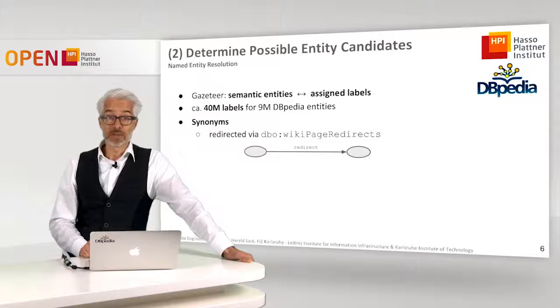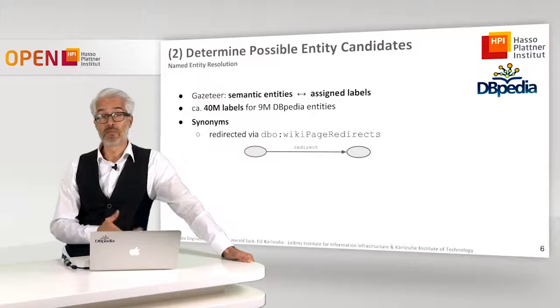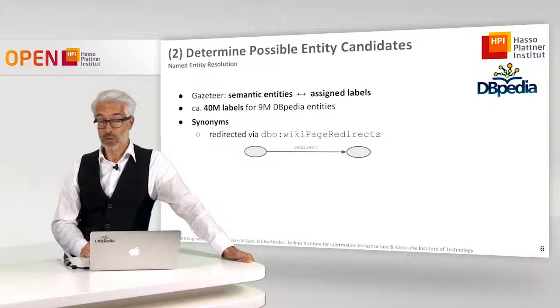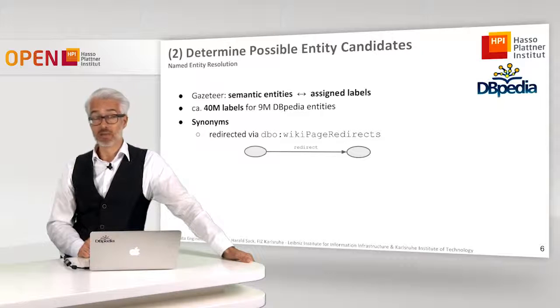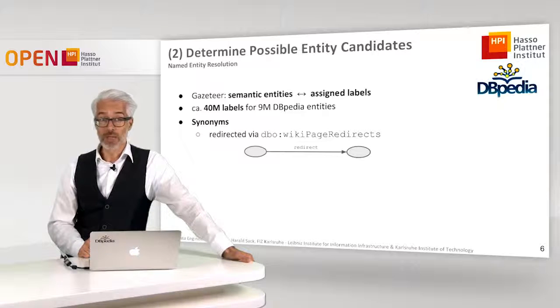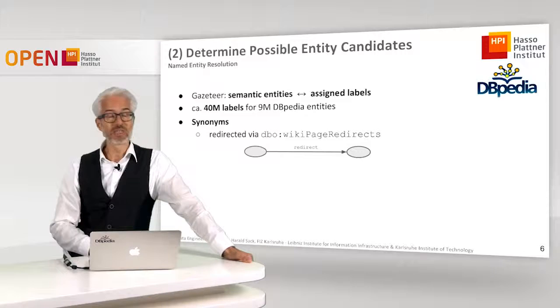You can experience this, for example, if you go to Wikipedia, then you will find via synonyms of a specific entity that you look up, or article that you look up in Wikipedia, you will be redirected to a normative page in the end. And these are these redirects.